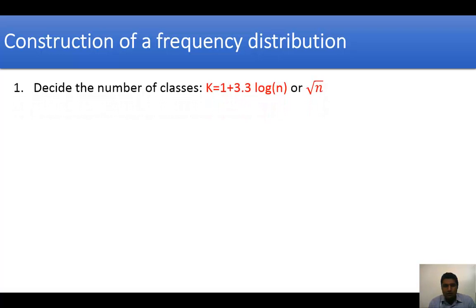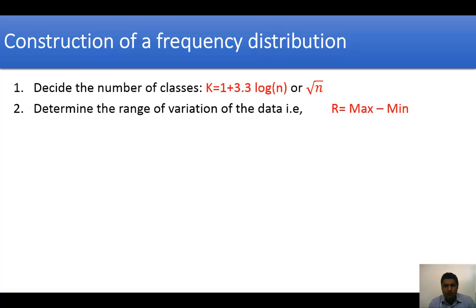Well, following are the steps which you need to follow in order to construct a frequency distribution. First of all, there are two types of formulas which we can use to assess the number of classes.